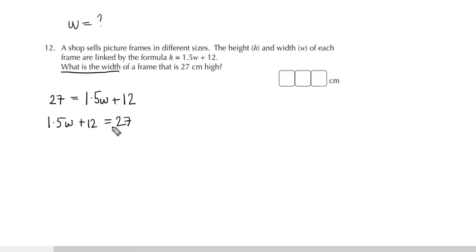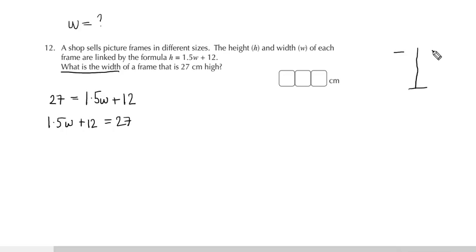Now remember with algebra, this symbol doesn't mean the answer is. This means that whatever's on this side of the equals is the same value as whatever's on this side of the equals. Now this is where I show you just how bad my drawing skills are. My gosh, I've even astonished myself there.